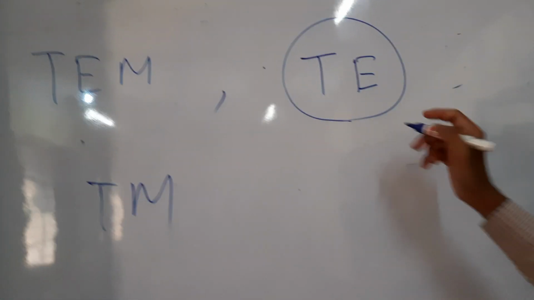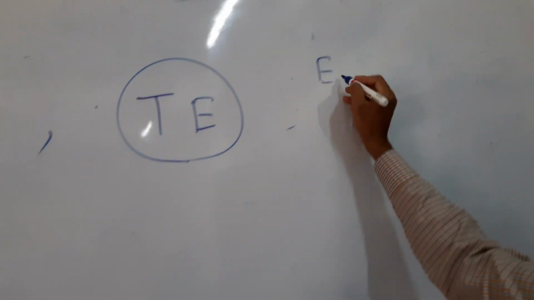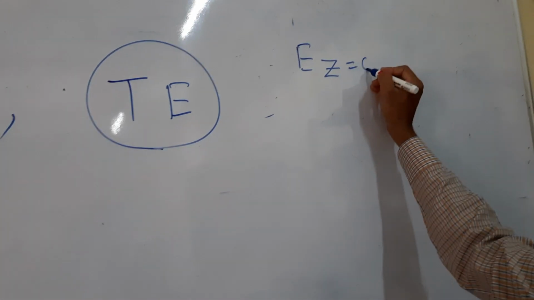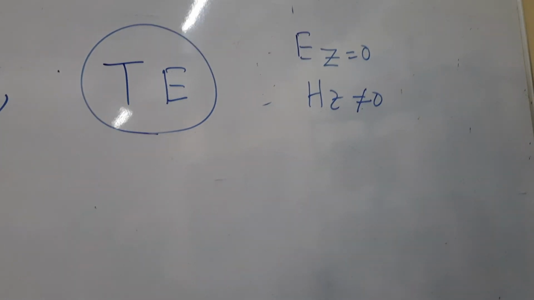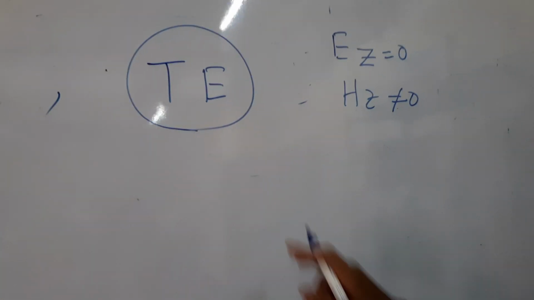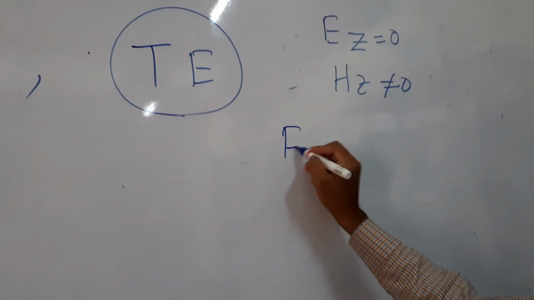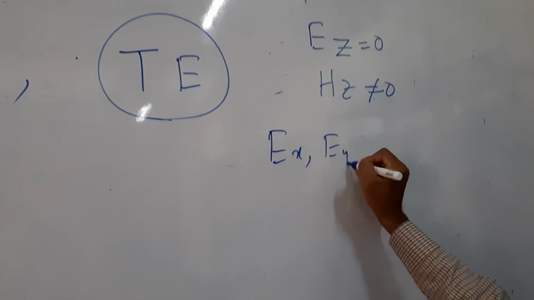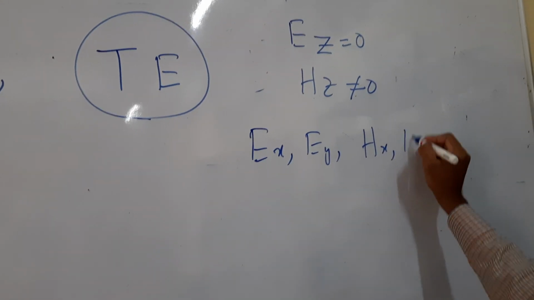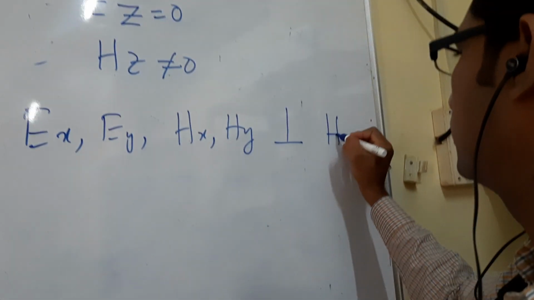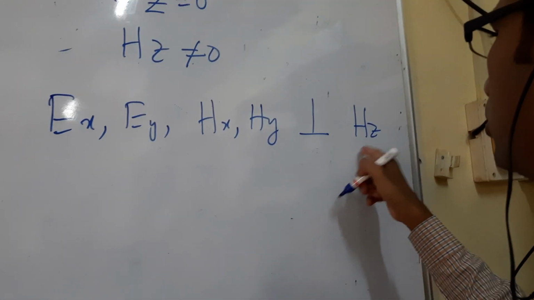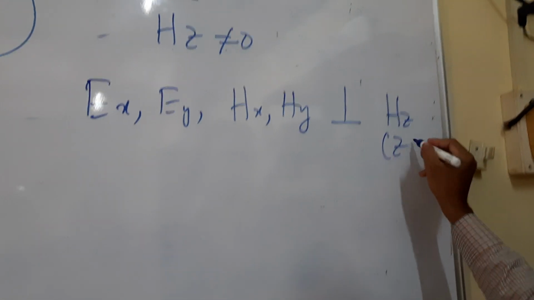In transverse electric, the Ez component is 0, but Hz is not equal to 0. The rest of the components, that means Ex, Ey and Hx, Hy, are perpendicular to the direction of propagation, or z direction.